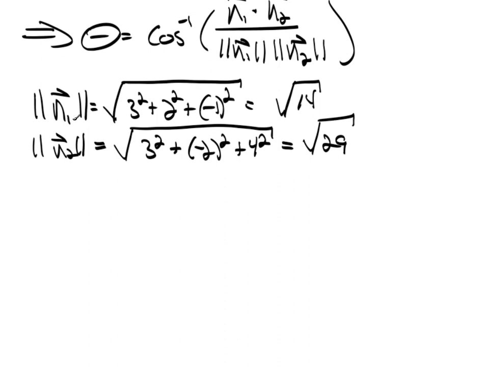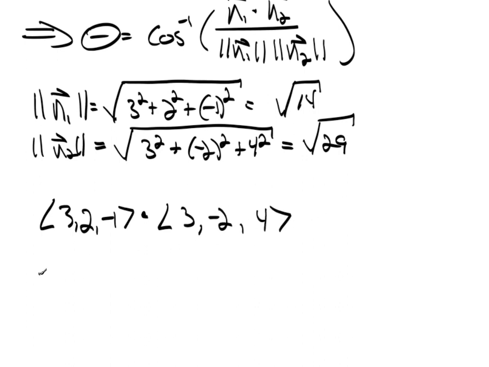So now I need to find n1 dot n2, which would be 3, 2, negative 1 dot 3, negative 2, 4, which would be equal to 9 minus 4 minus 4, which is 1.